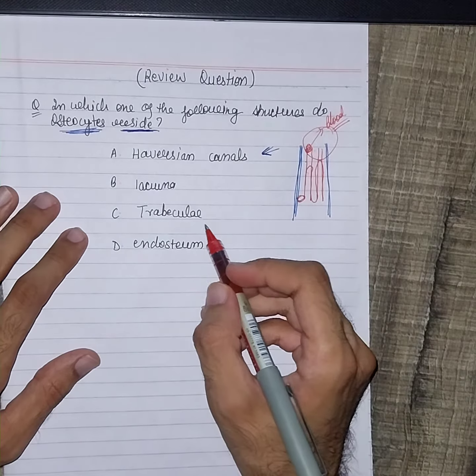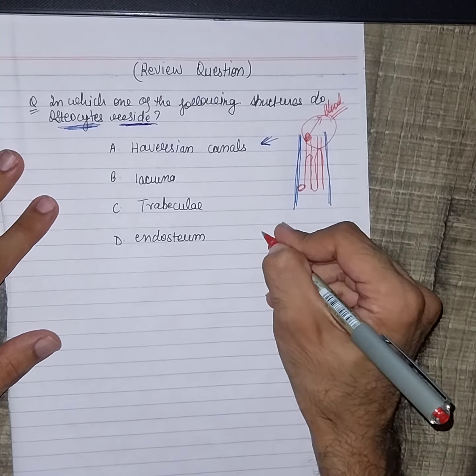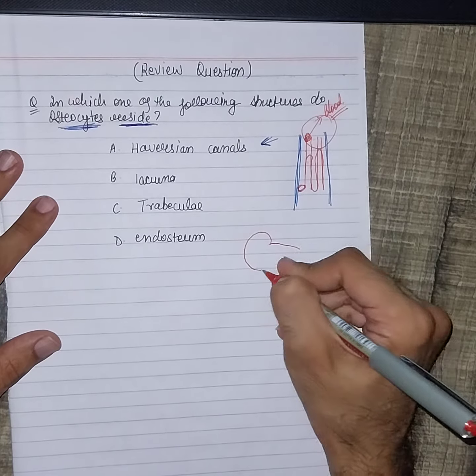Second is the trabeculae. Again going to the long bone, let's say I'm taking a femur again.